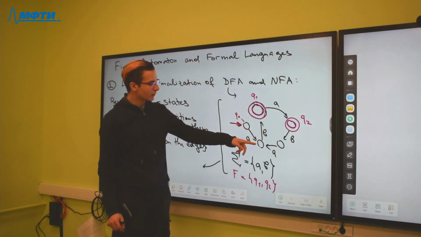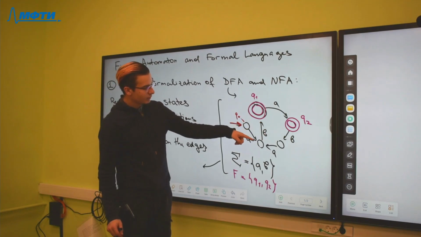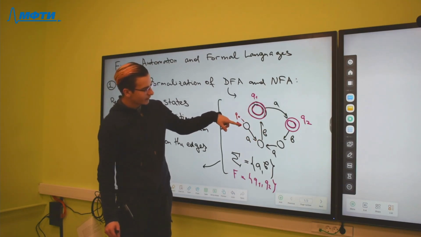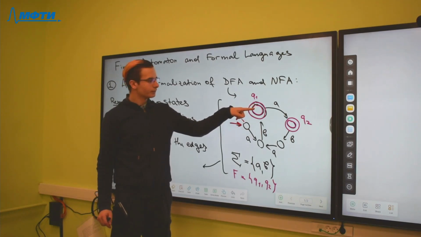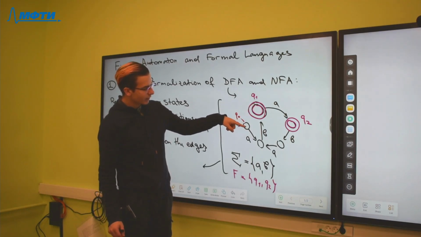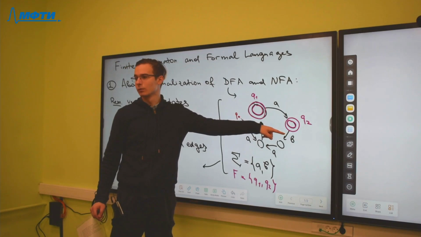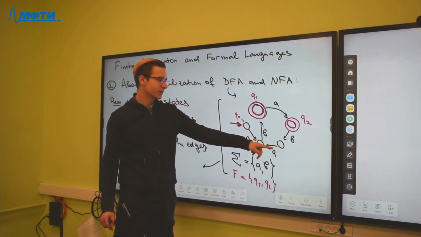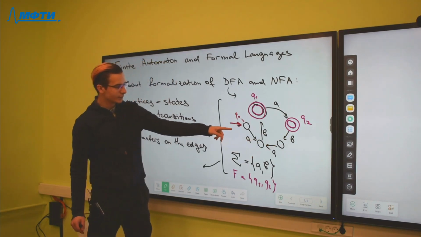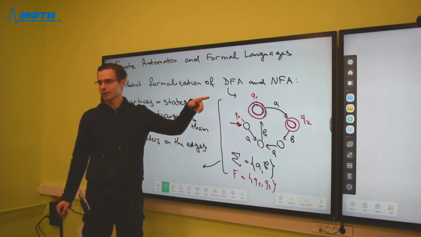For example, AB is a path from Q0 to Q1. ABA is too. But ABAB is not a path between the initial state and a final state.